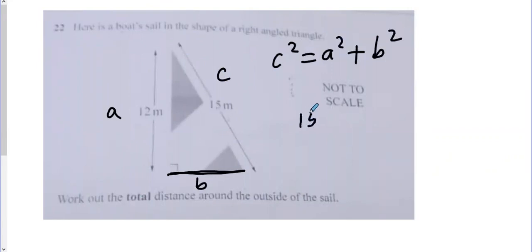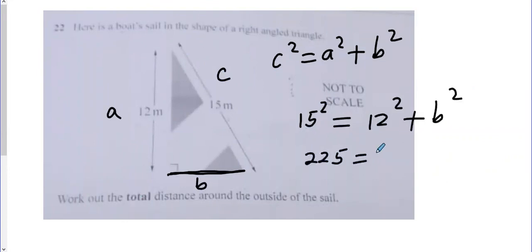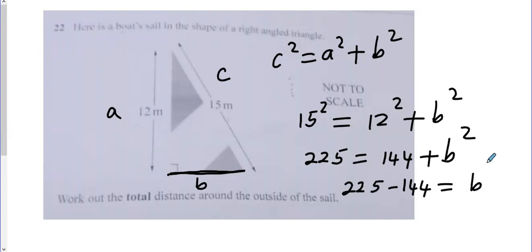This will be 15 squared equals 12 squared plus B squared. And 15 squared, this is 225 equals 144 plus B squared. 225 minus 144 equals B squared.